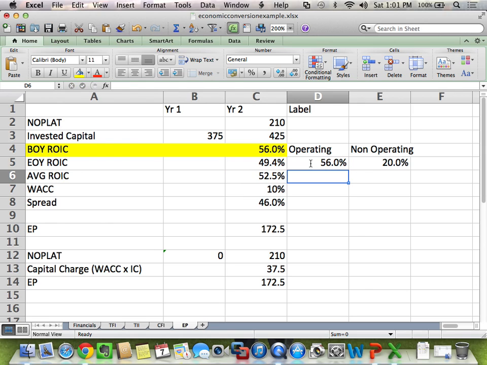So by putting the statements into the format that we do, we actually have an operating and a non-operating ROIC.